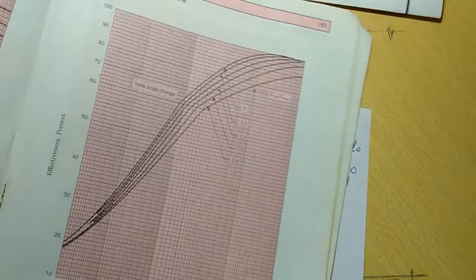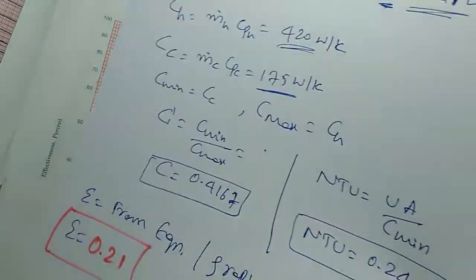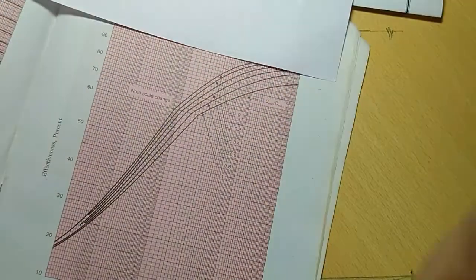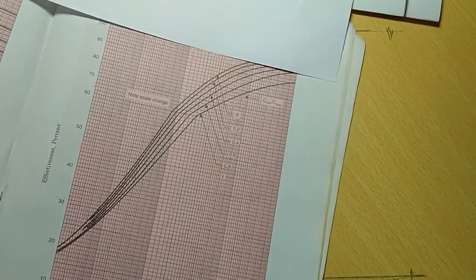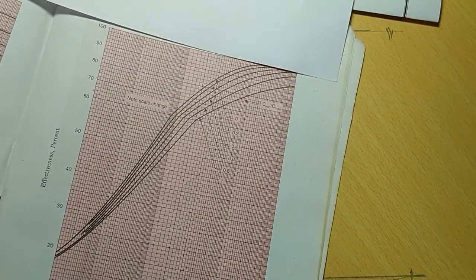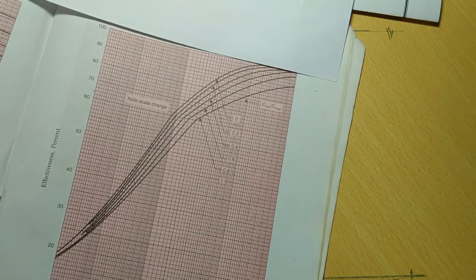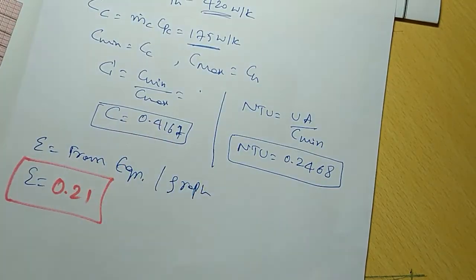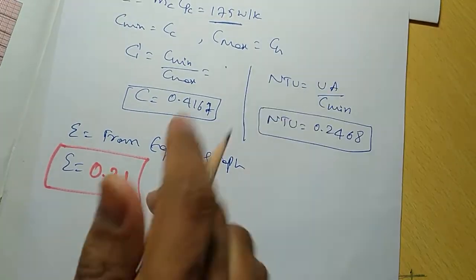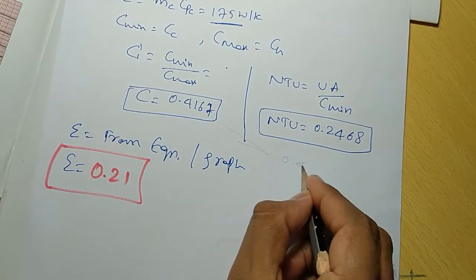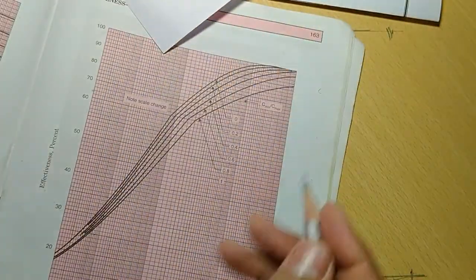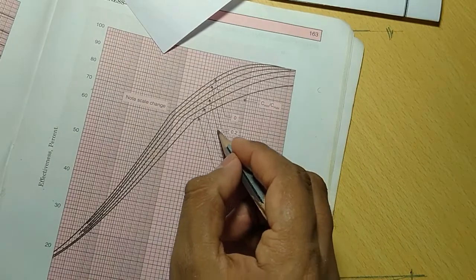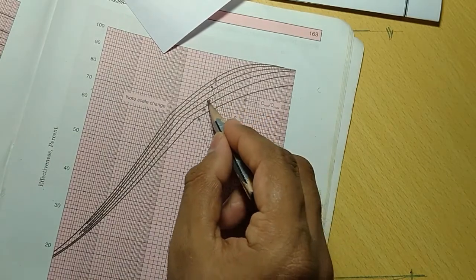You can also find the effectiveness by the graph for counter flow, because the exchanger is counter flow. What is the NTU? NTU is 0.2468, almost 0.25. It comes around here. NTU here, and the C value is 0.4167, almost 0.42 or 0.4.